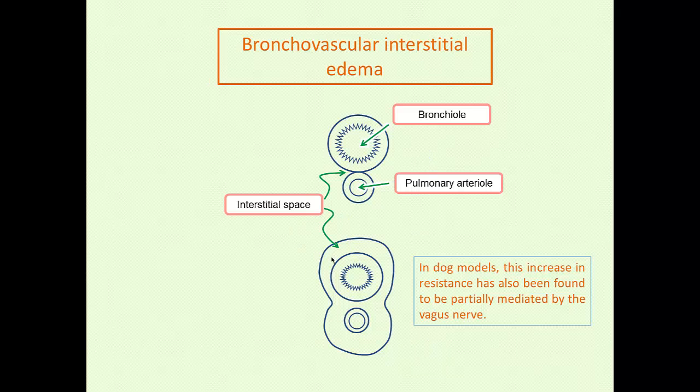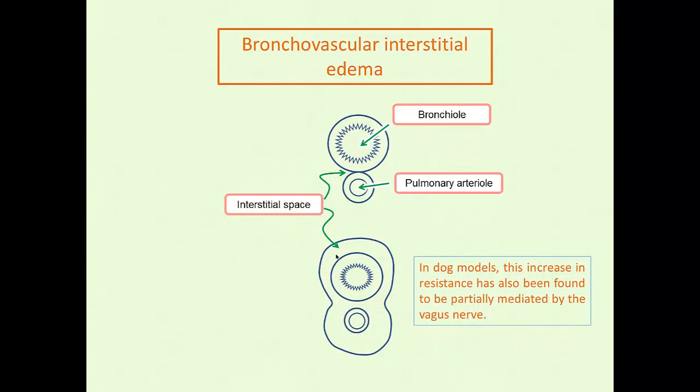So just this last slide, in terms of this interstitial edema, which can increase airways resistance, and dog models, for what it's worth, not that many of you are looking after dogs in the intensive care unit, but this is just to remind me that it may not just be purely a mechanical effect. And again, this may be particular to dogs, as they tend to be very vagal animals.